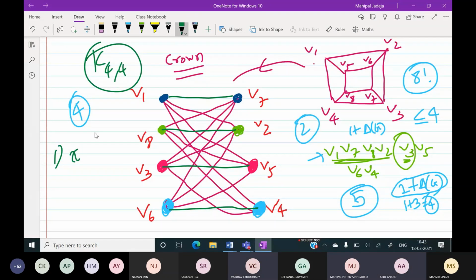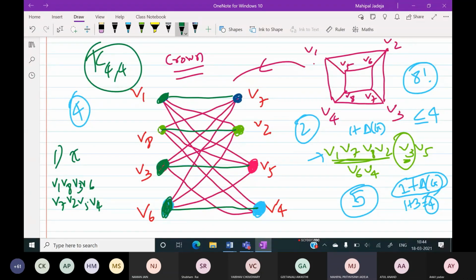So V1, V8, V3, V6. All will be colored 1, and then V7, V2, V5, V4. Okay, so first let's color all of them using the same color, like let's say green. You can do this, right? No issues with it.